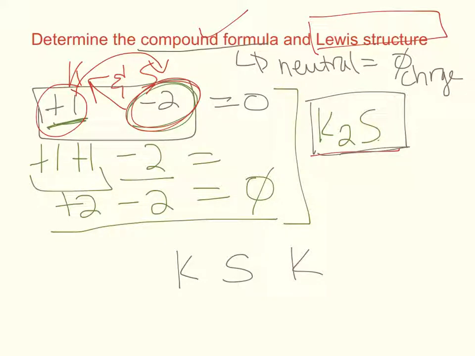Because there's only 1 sulfur, typically that will be your central atom. It's not always the case, but typically the element with the fewest number of atoms in a compound will be your central atom.